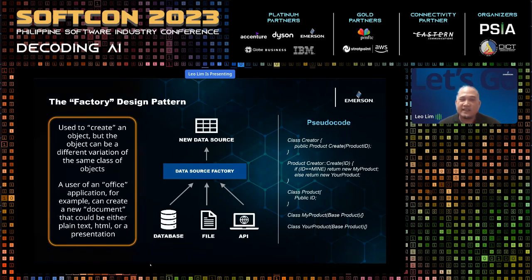So if you had a data source factory, the idea with the factory pattern being applied to this type of problem is you can abstract whatever source of data you are getting, be that a database, a file, or an API, and then you really just provide it as a data source to that model.